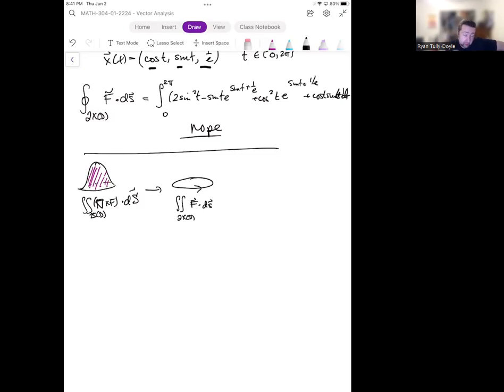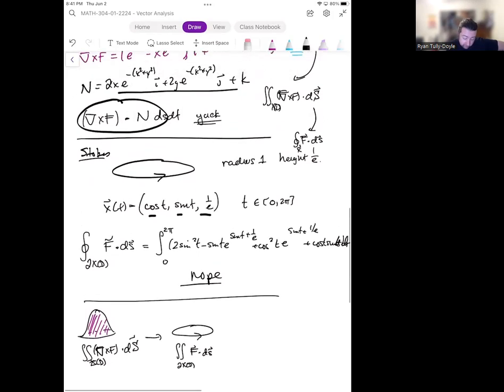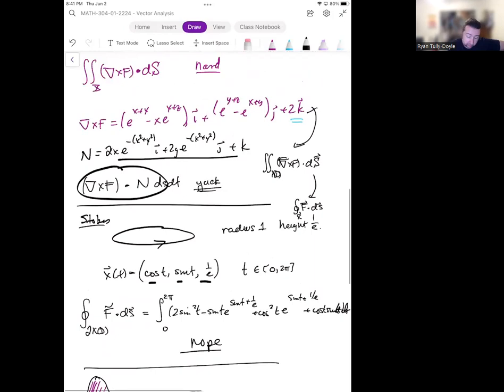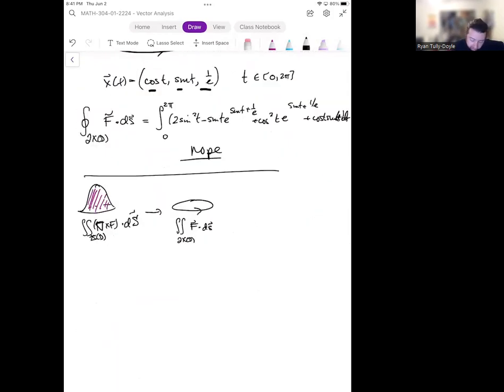A particularly convenient surface to pick in this case would be a disk, because if you notice, when we compute the curl of F here, the curl of F is really simple in the z direction. So I'm going to solve a different problem that's equal, which is this problem.